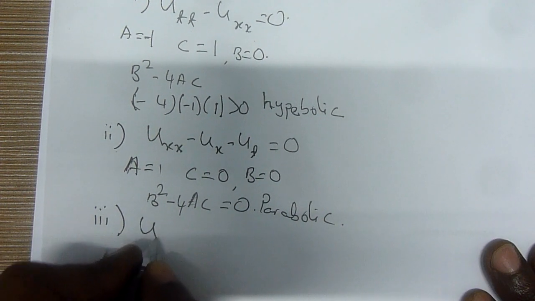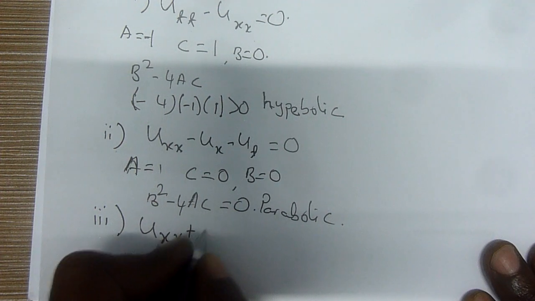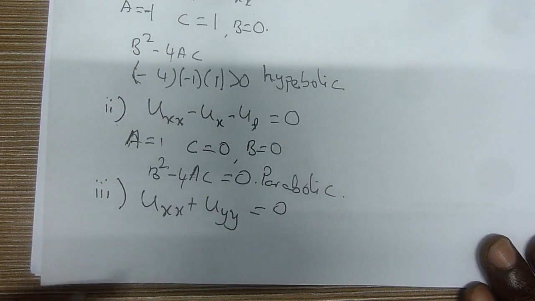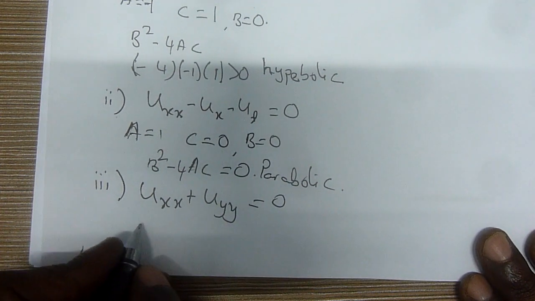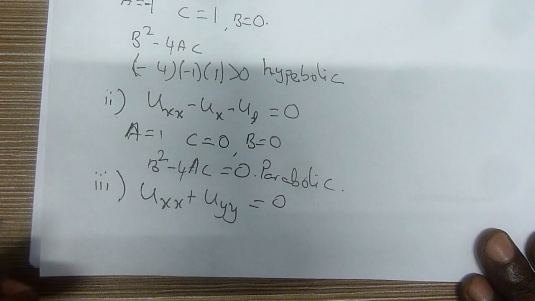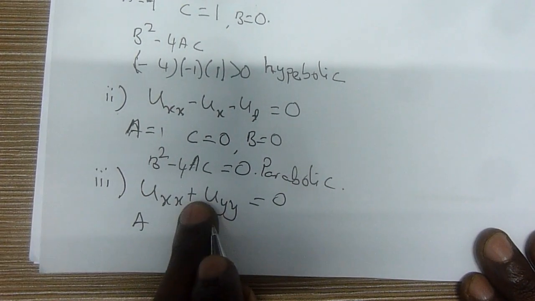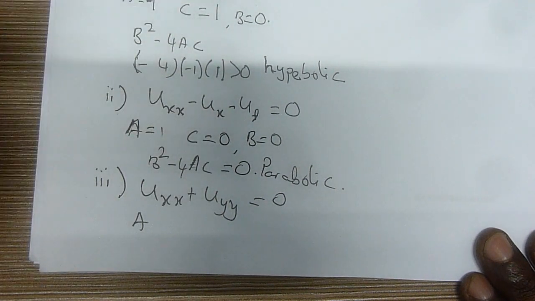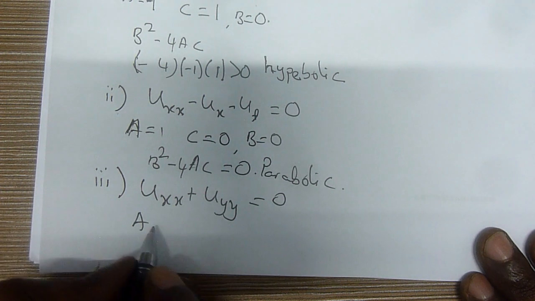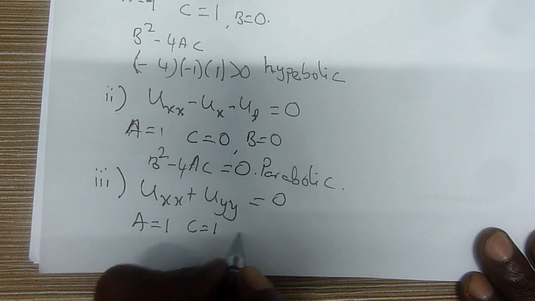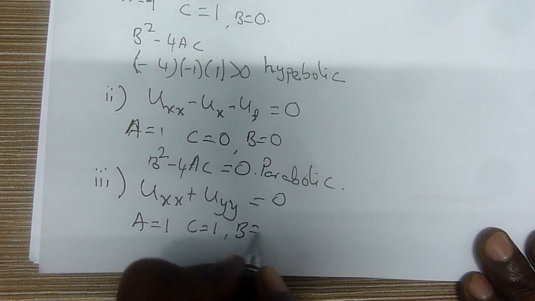Similarly, u_xx plus u_yy, this is another important function. Over here you can see it looks similar, but the only difference is the sign. Plus sign and negative here, A equals 1 and C equals 1 and B equals 0.